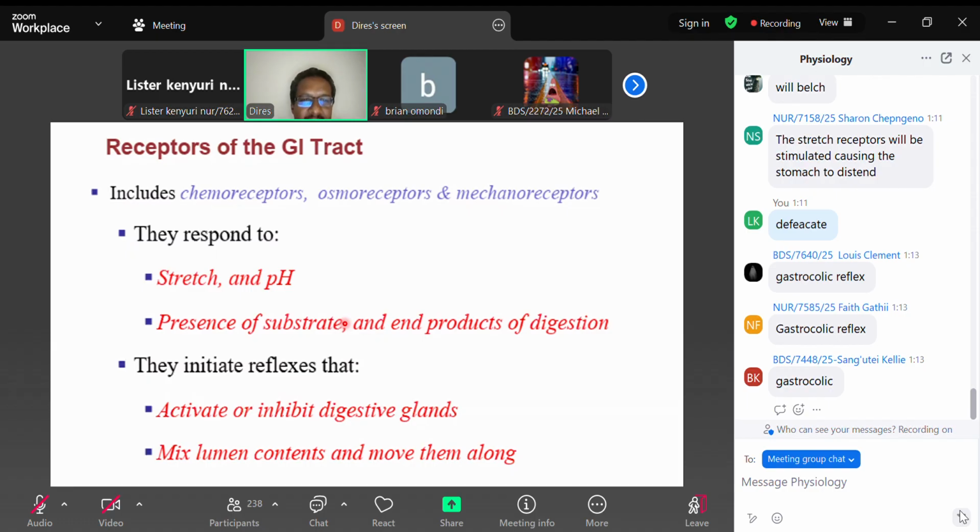We can wait, and when the time is appropriate, we go to the toilet and defecate. So in adults, because of CNS control, extrinsic control, we can delay defecation. But for babies, there is a training called toilet training. We usually train them by the age of 3 or 4, so they start delaying defecation when this reflex is on.